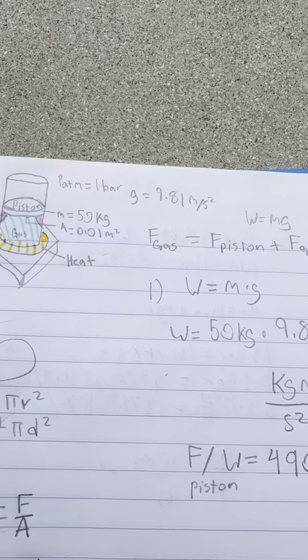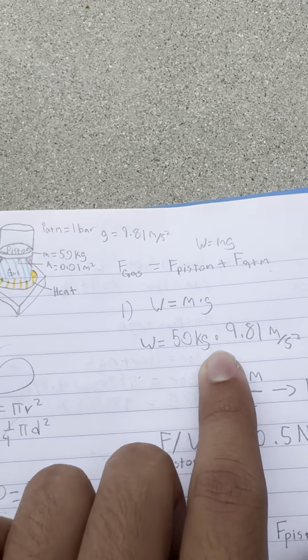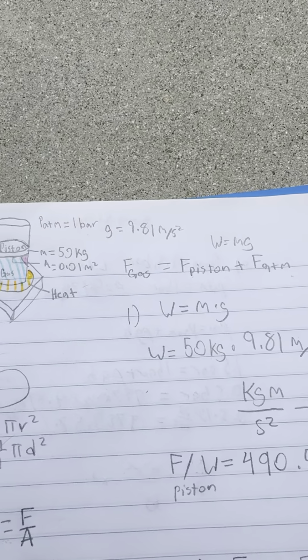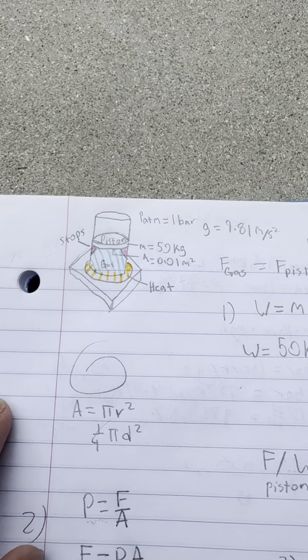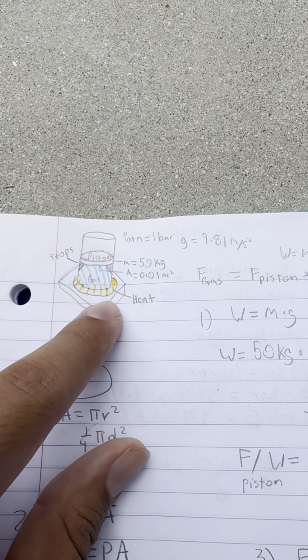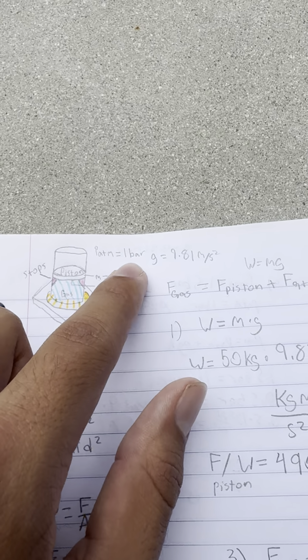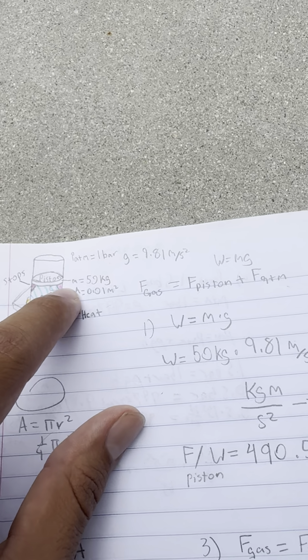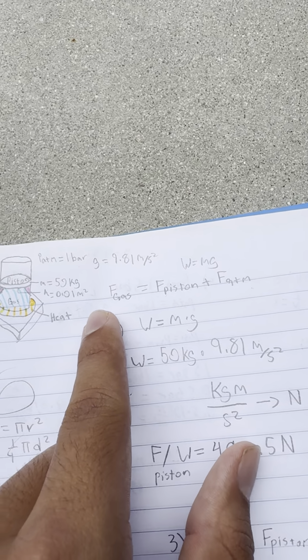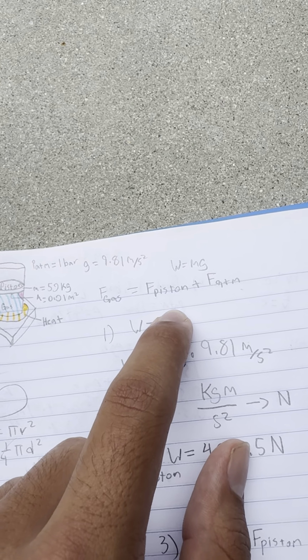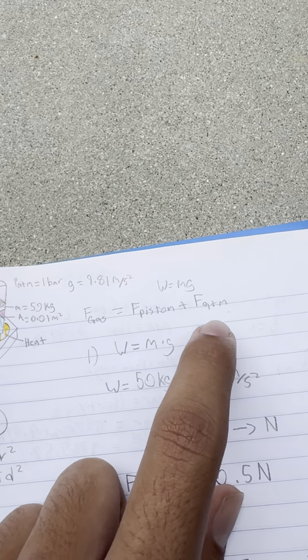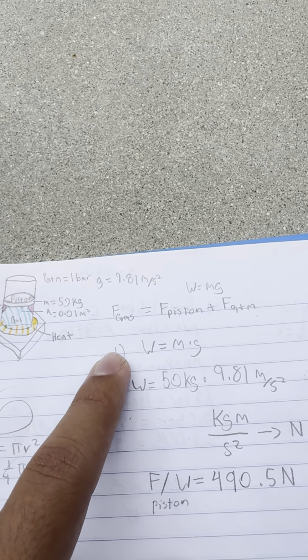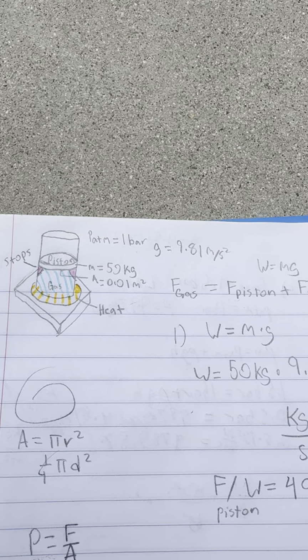But anyways, we need to solve this problem with the force balancing equation, since, as I said, we're looking for the moment that the pressure of the gas is equal to the atmospheric pressure and the piston weight. And that is what I have here. So the weight or force of the piston plus the force of the atmospheric pressure must equal the gas force, and that's the moment of impending motion.